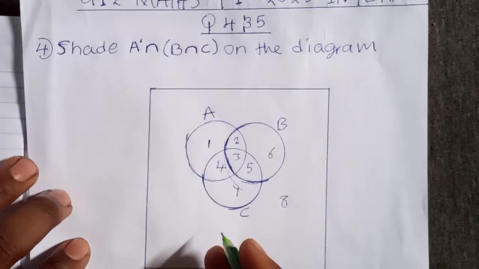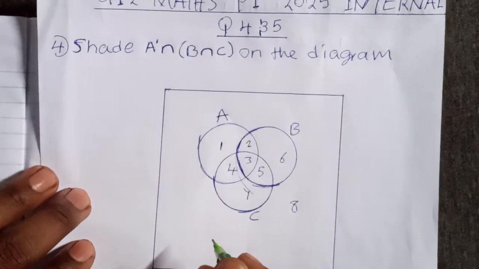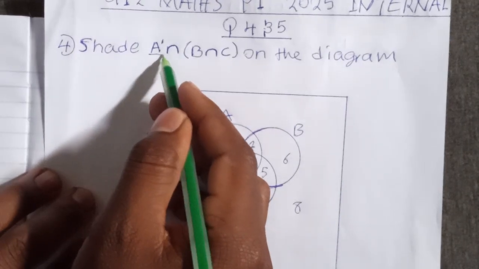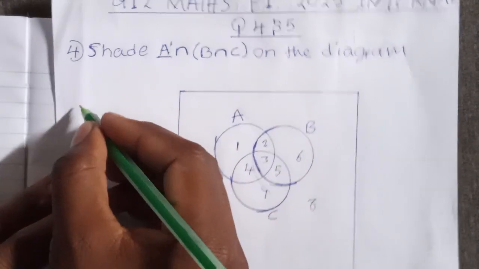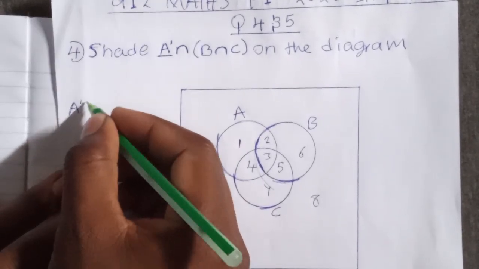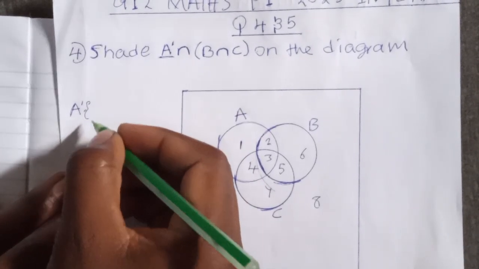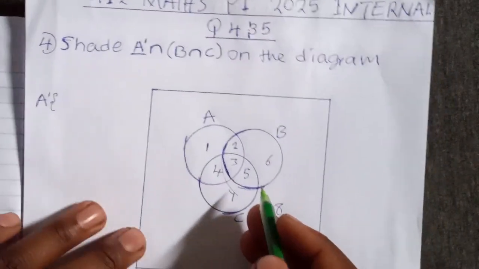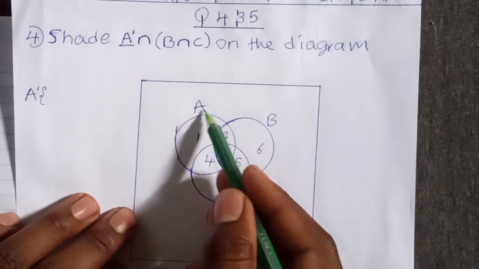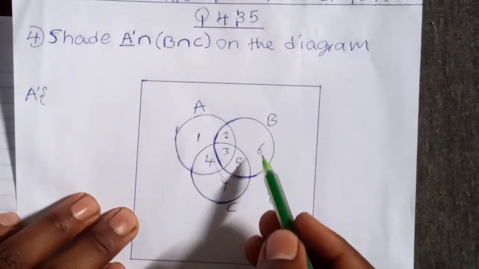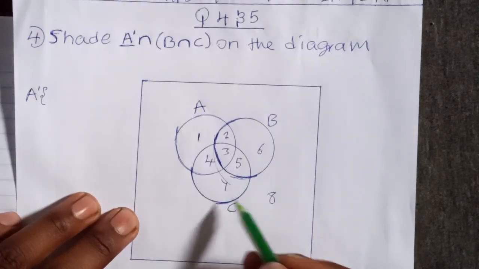The next thing you do is start listing. You get this one, A complement. Then you open the brackets and check the numbers that are outside A. These are 5, 6, 7, and 8.